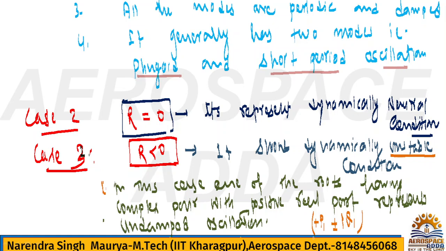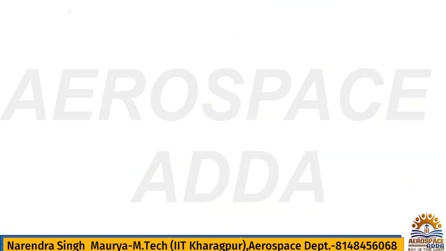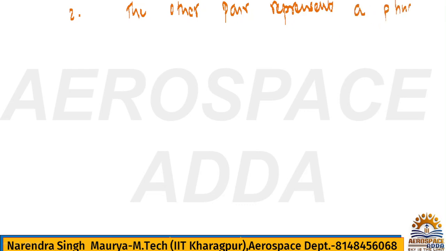And the other pair represents a phugoid or short period oscillation. One big numerical we will solve, then it will be more clear to you.